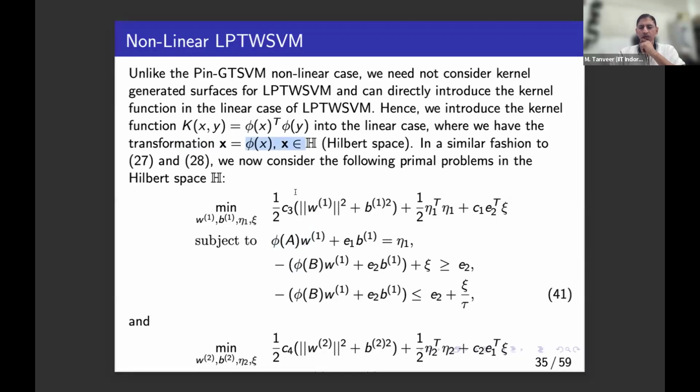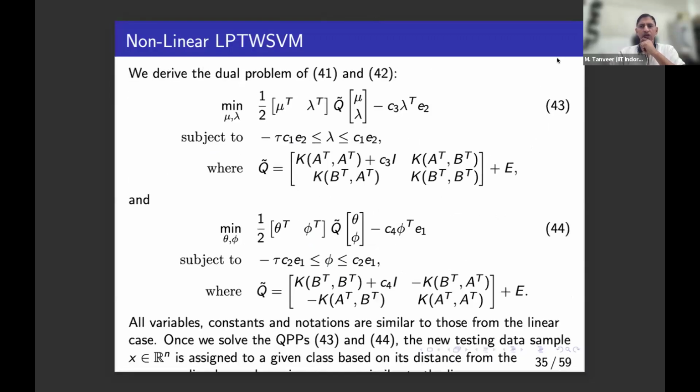Now we can see equations 41, 42, 43 and 44. In the dual problem, the matrices appearing in 43 and 44 are free from inverse matrices. All variables, constants and notations are similar to those of the linear case. Once we solve 43 and 44, a new data sample is assigned to a class based on the distance.